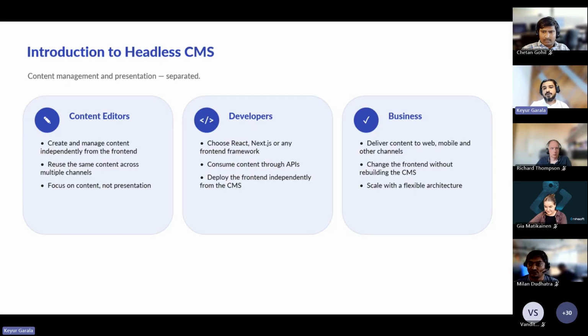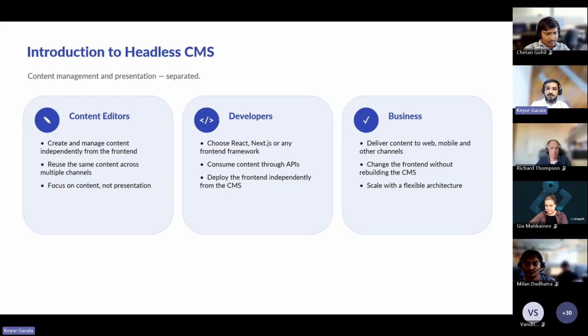Developers are free to create the front end in any technology or framework like React or Next.js, as well as mobile applications, TV applications, and IoT applications. For business purposes, you are free to create multi-channel applications.